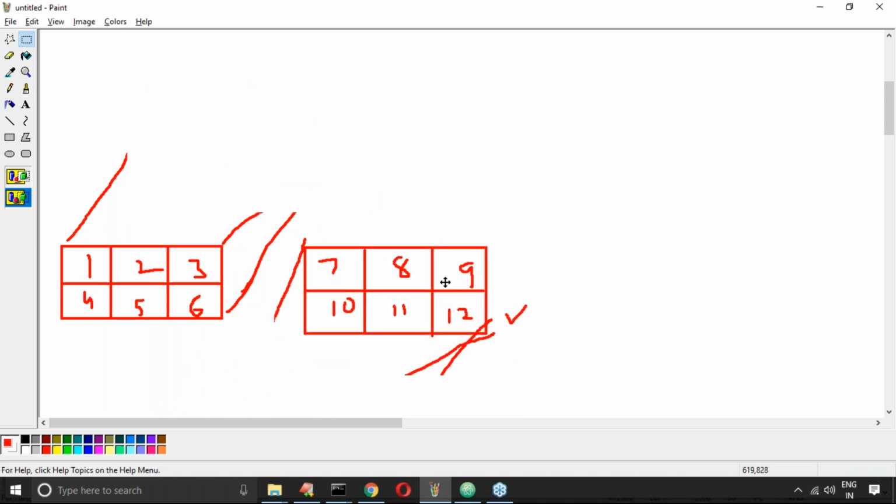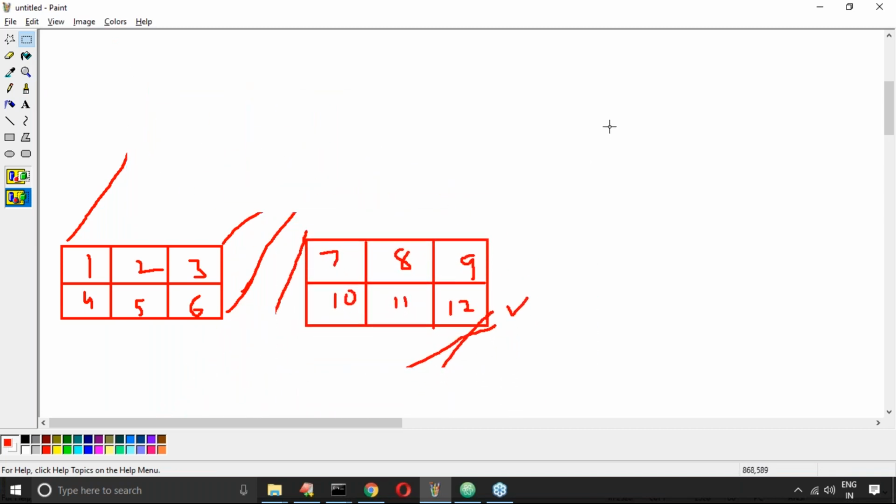These two things are there, sir, and I want to consider row wise. Listen very carefully to this one. Please consider 1, 2, 3 as one row. The next row is 7, 8, 9.